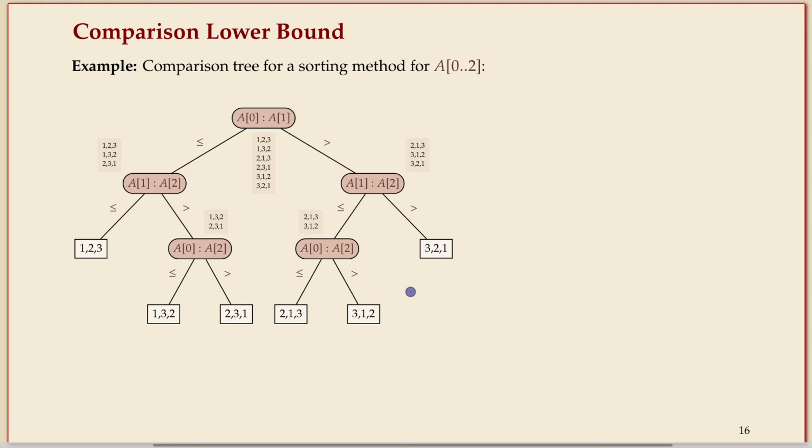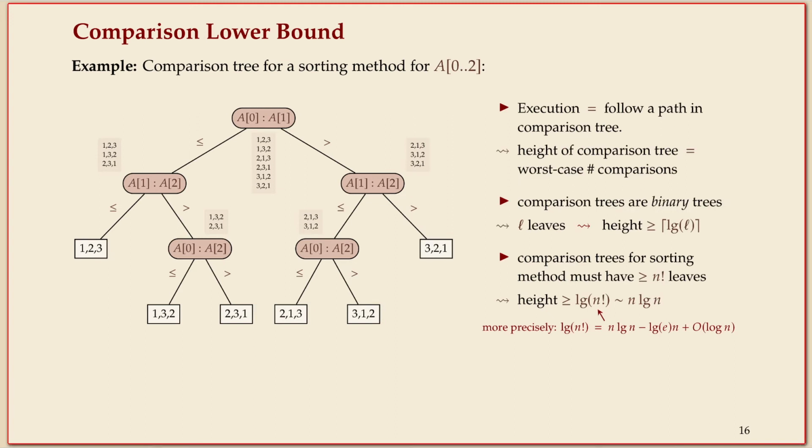Why would we care? We can use this to simplify our thinking about this specific algorithm, but also about any algorithm. Because the powerful statement is any sorting algorithm that's comparison-based must correspond to such a tree. We may not know what it looks like in detail, but there is one.